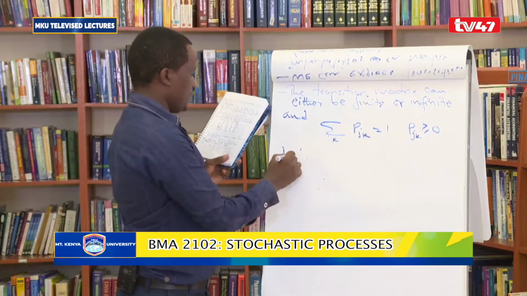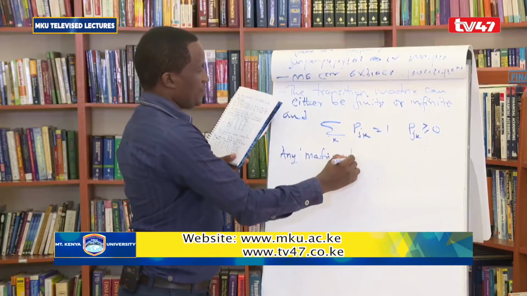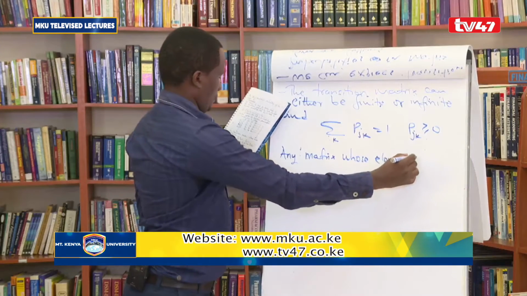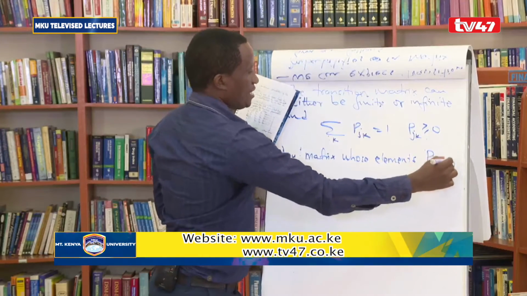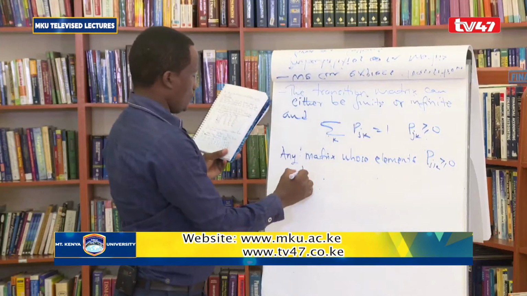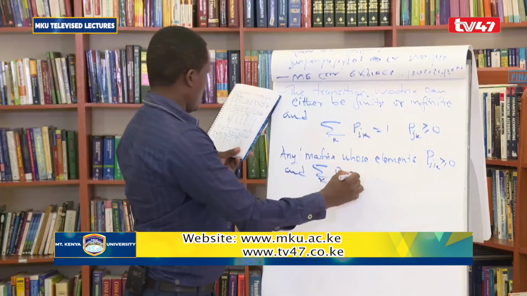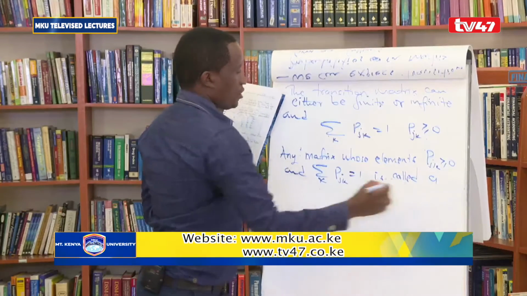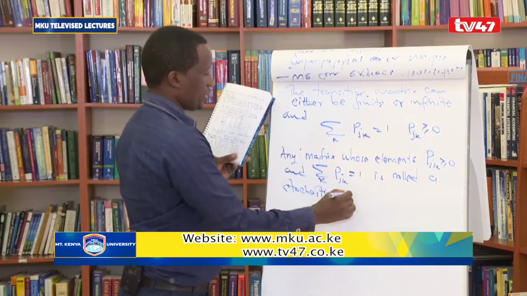Now, any matrix whose elements PJK are greater than or equal to 0, and if you sum those probabilities, you get 1, is called a stochastic matrix.